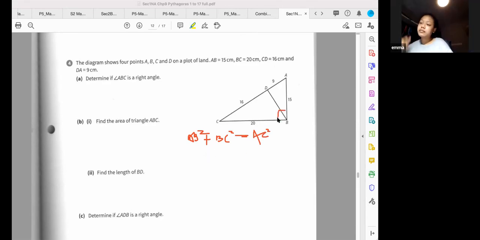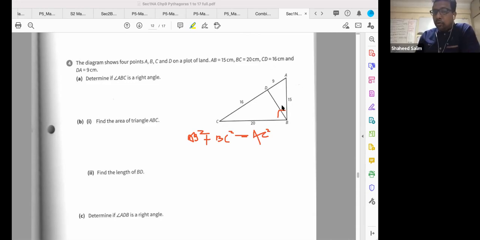So therefore, this one's okay. So you square root it. When you take 15 squared plus 20 squared, you square root it. Do you get 25? Yes. So therefore, you can put this as your reasoning, if they ask for a reasoning. If not, this one is yes, it's okay.